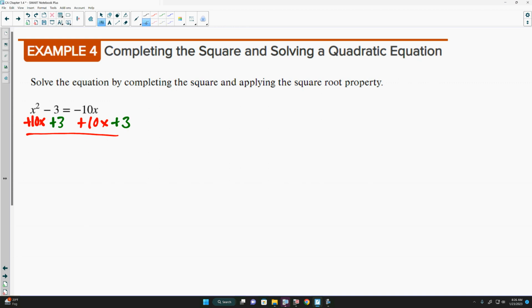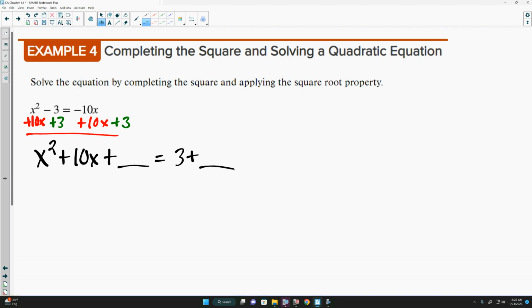And we can also add 3, because we'll need to get the -3 to the other side away from x squared, and we need to get the 10x next to the x squared. What this will give us is x squared plus 10x plus blank is equal to 3 plus blank.